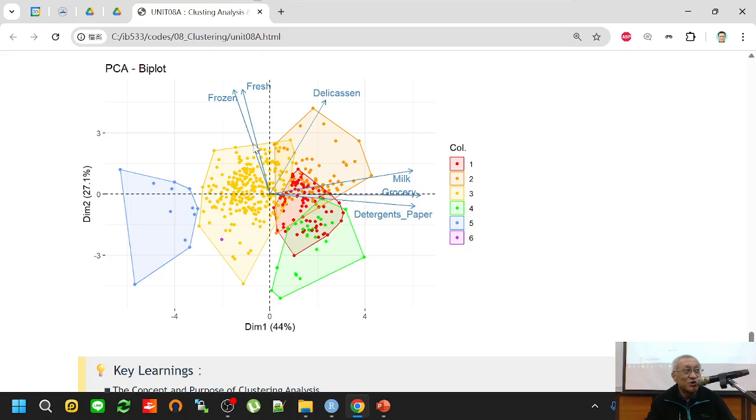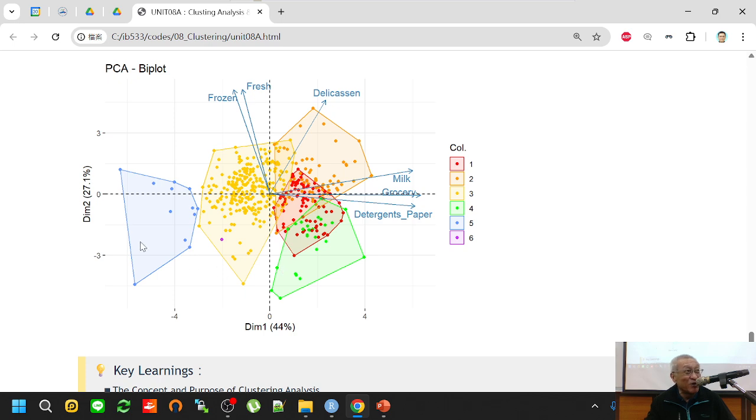So every point corresponds to one of the retailers, right? And its position in this space, okay? Because of that, we compress these 6 variables into this 2-dimensional space, okay?